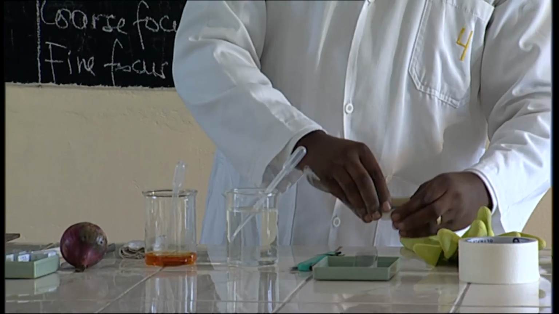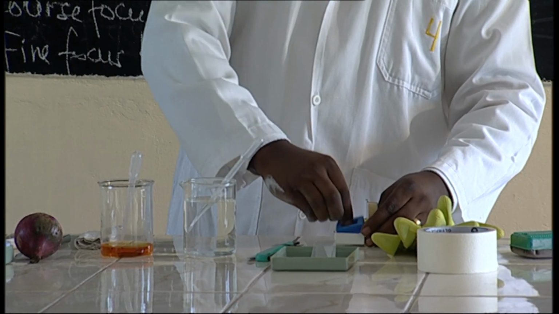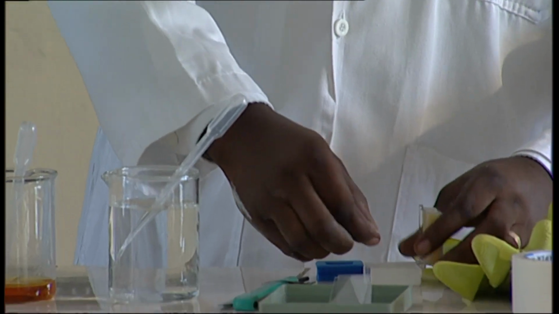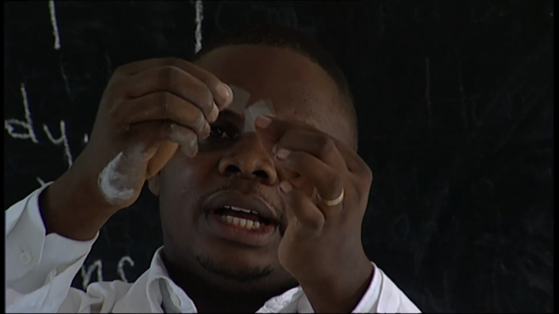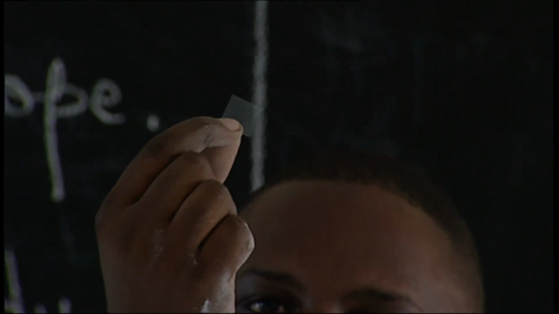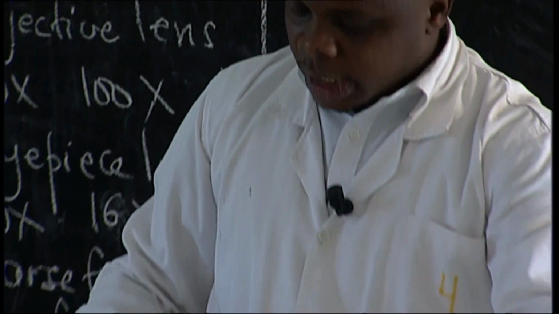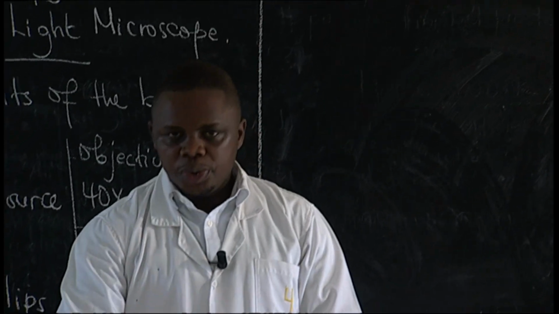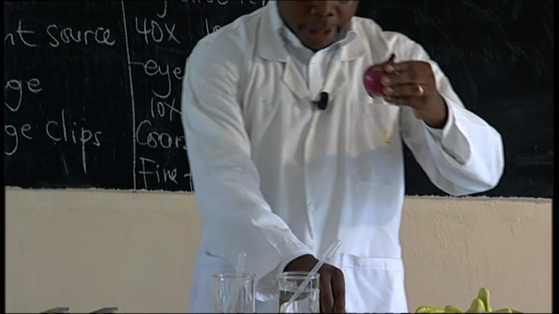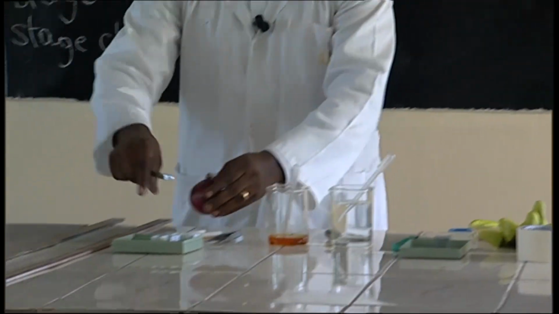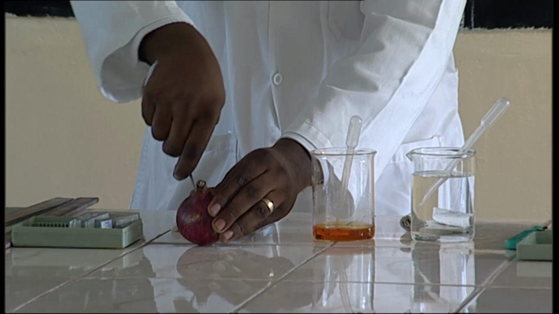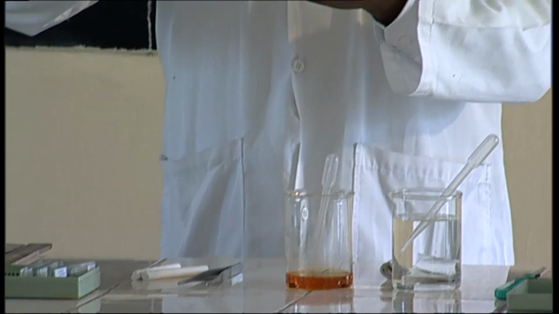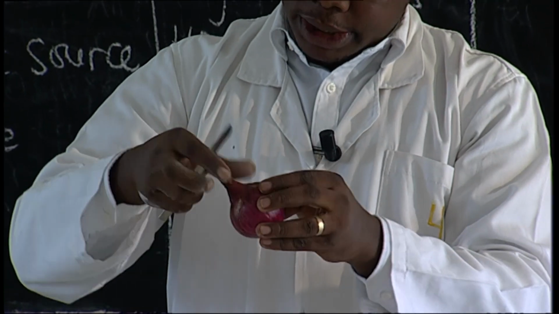Then I also have these, which are very small. These are called cover slides. Now, I also have a tissue. Then what I do, I cut my specimen. First, remove the outer part.